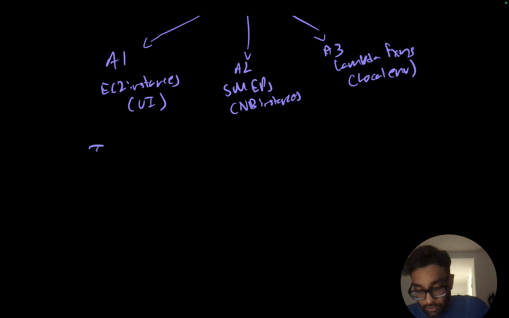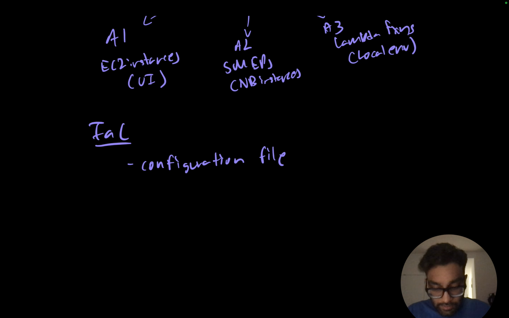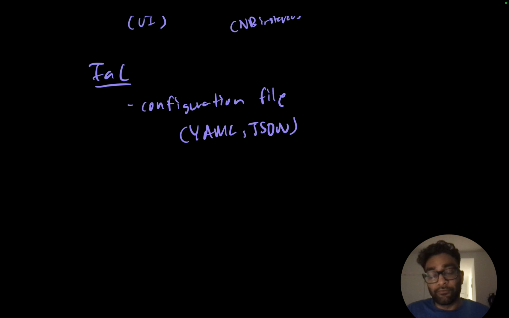That's where IaC comes in, where it gives the ability to provide a configuration file of sorts. And oftentimes we'll see that these are actually YAML or JSON files. These aren't technically code, even though the name indicates that. These are config files where you can essentially define these resources.